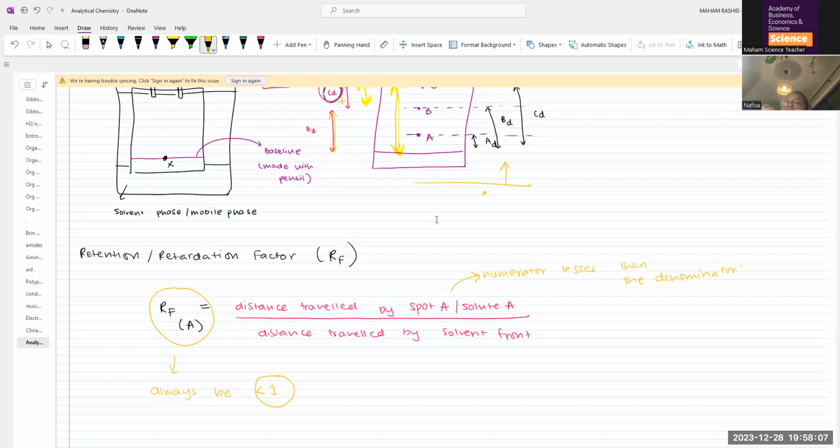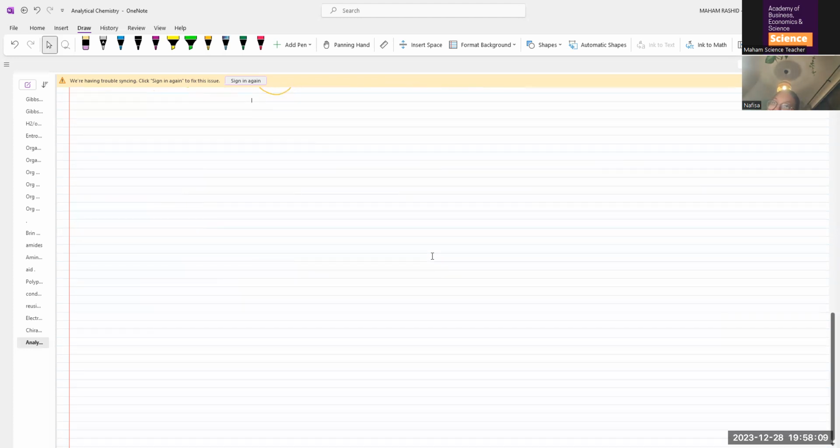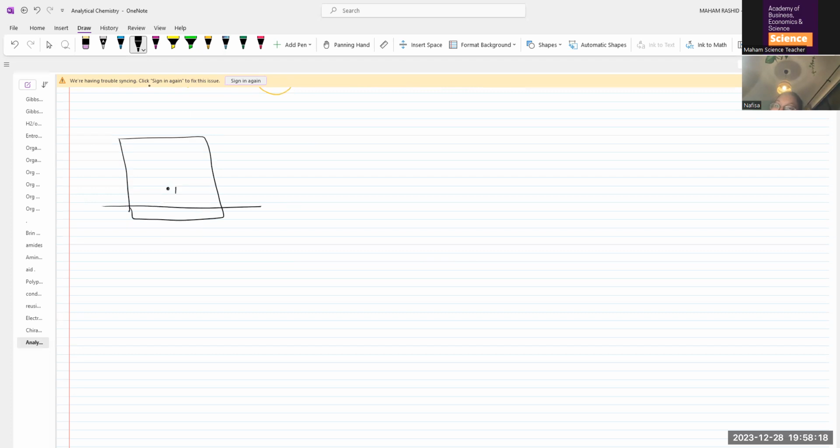Okay? Now, what does the retention factor signify? This is your paper. This is your solvent. A is here. B is here. So your solvent front travels 10 centimeters. A travels 5 centimeters. And B, for example, travels 8 centimeters.